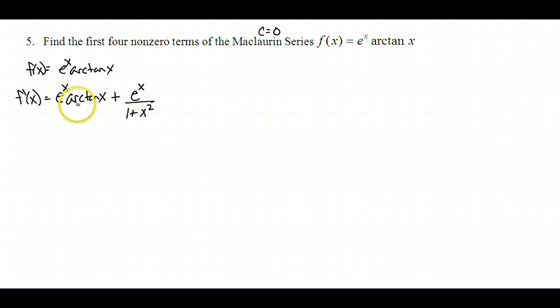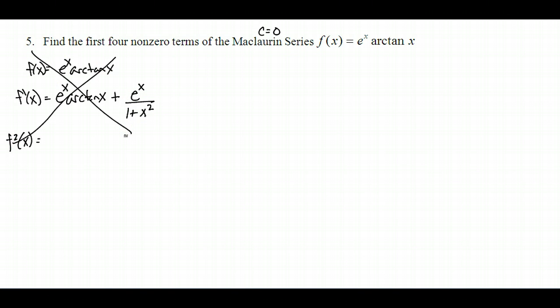Well, that's only my first derivative. If I do the second derivative this way, I have to use my product rule again, and over here I have to use the quotient rule.